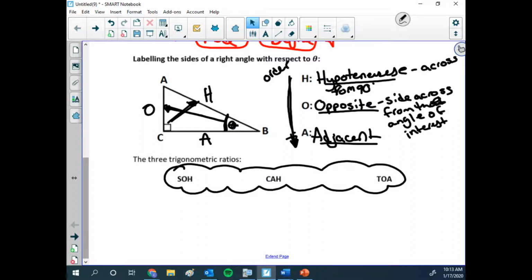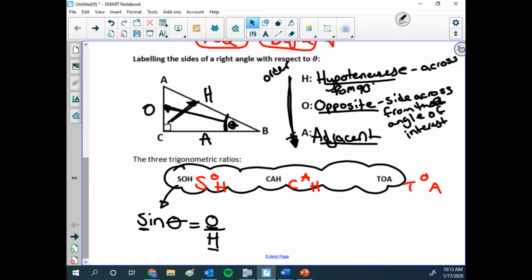Sometimes, rather than writing it like that, I write it as SOH, CAH and TOA, because that gives me an idea of how the formula is created. So SOH: sine of theta is equal to O over H. Sine theta is equal to the opposite over the hypotenuse.